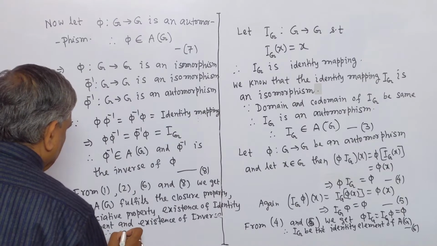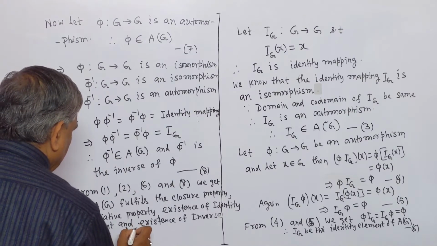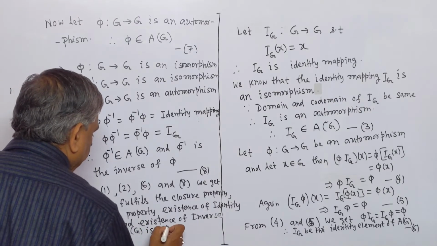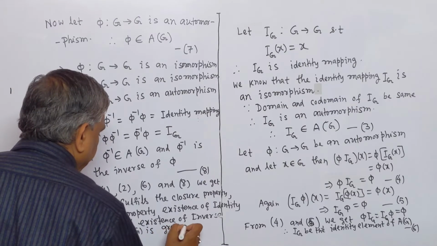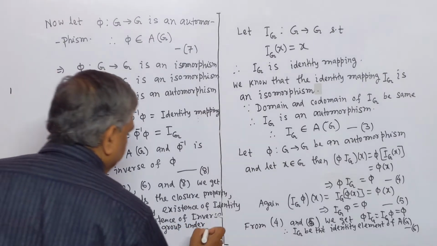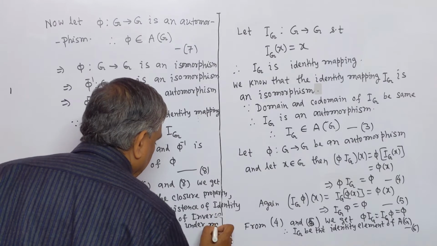Therefore, AG is a group under mapping composition.